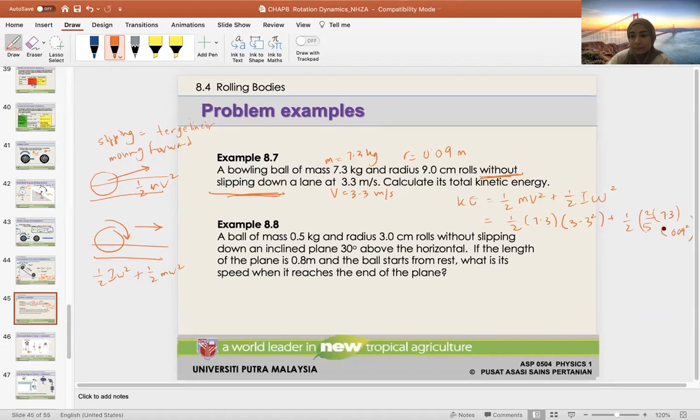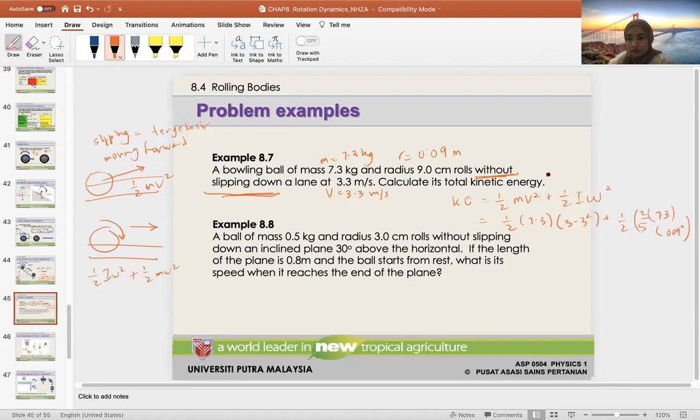Omega is V over R, so 3.3 over 0.09, and this whole thing is squared. Okay, let me write that down cantik-cantik sikit.